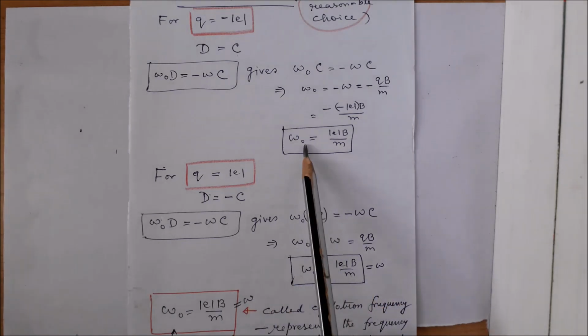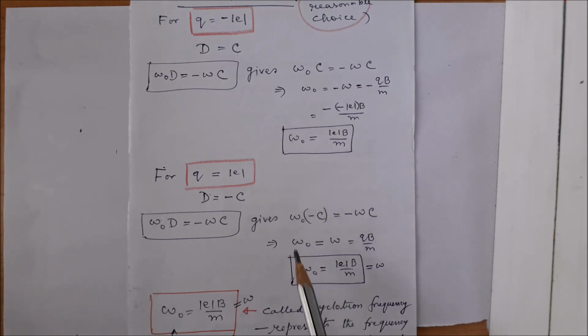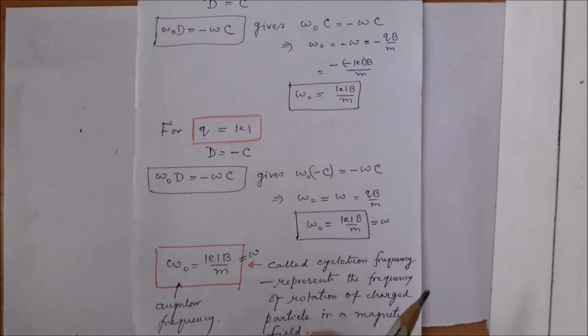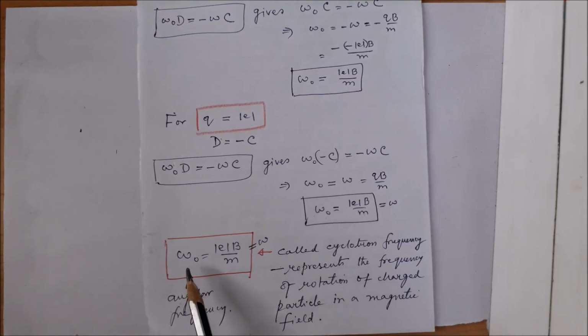So we get the same omega 0 for the two cases, and also this omega 0 is equal to omega. So we have determined the frequency of rotation, which is omega 0, which we will now call omega, and is equal to mod e B by m, and it is called the cyclotron frequency.